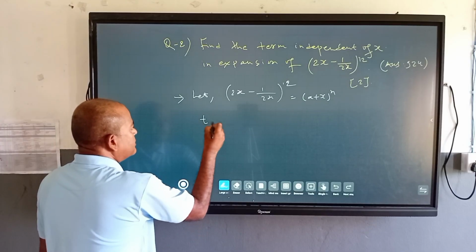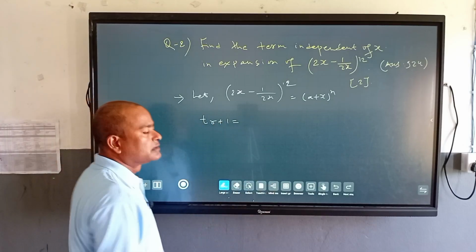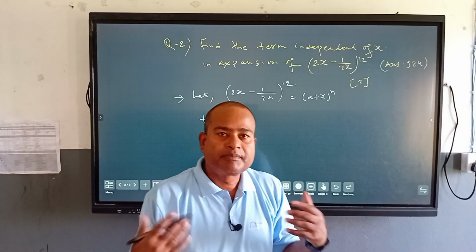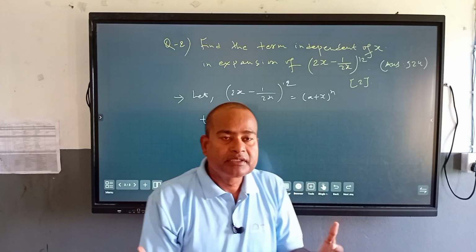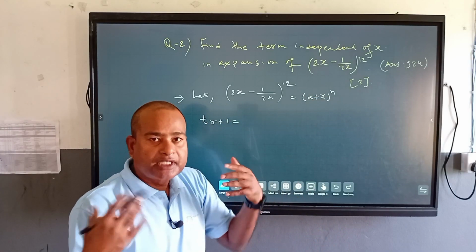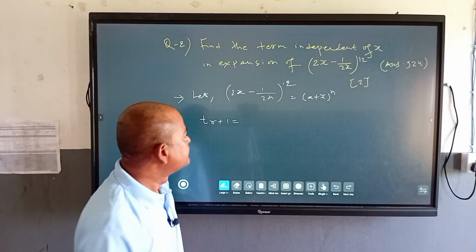We know the formula of the general term of the binomial expansion (a + x)^n, where n is any positive integer.